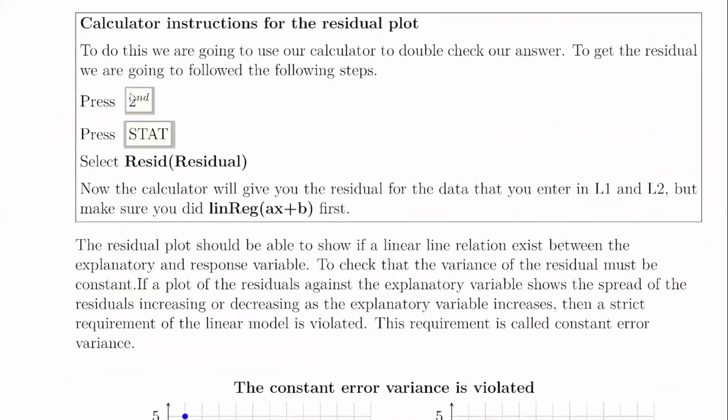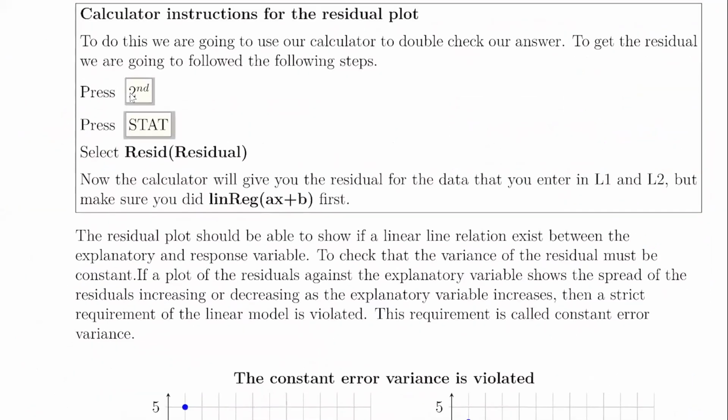Once you enter the data set, you want to hit the second button, then stat, and hit resid, or residual. That will calculate the residual for you. But before you do that, you first have to hit LinReg ax plus b. I'll show you how to do that with your calculator in a bit. So let me go ahead and transition over to the calculator.